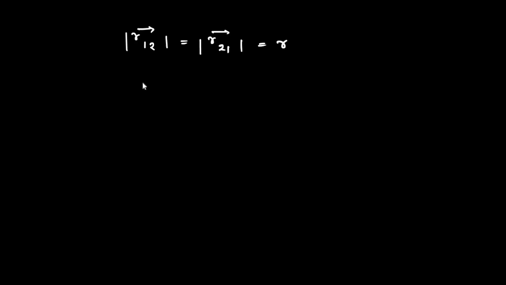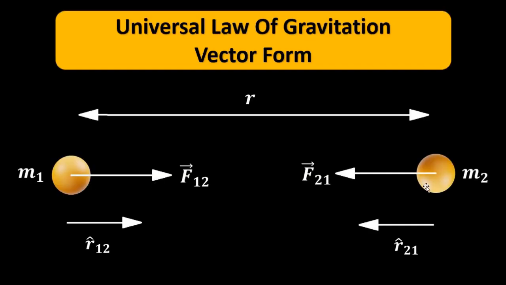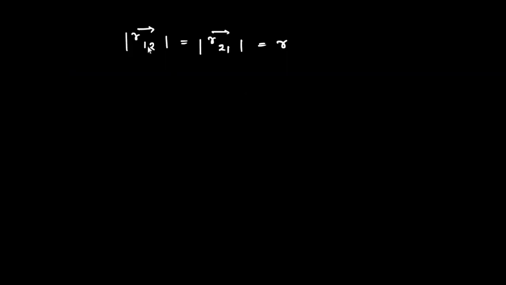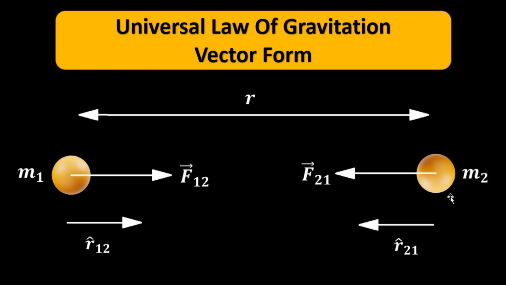Here the magnitude of both the displacement vectors, that is the separation distance between m1 and m2, is the same whether you say R12, the displacement from 1 to 2, or from 2 to 1. But as displacement is a vector, when you say the displacement from mass m1 to m2, it is R12 vector, and the displacement vector connecting m2 to m1 is R21 vector.